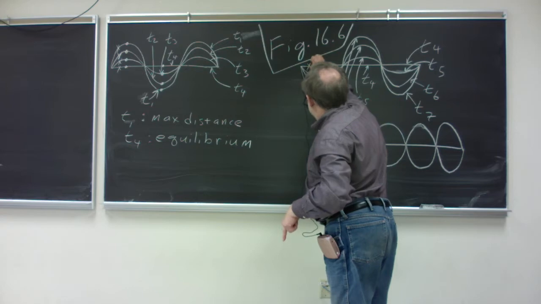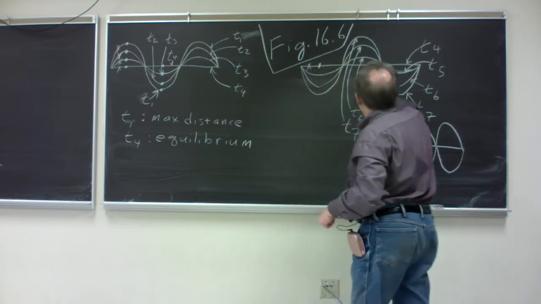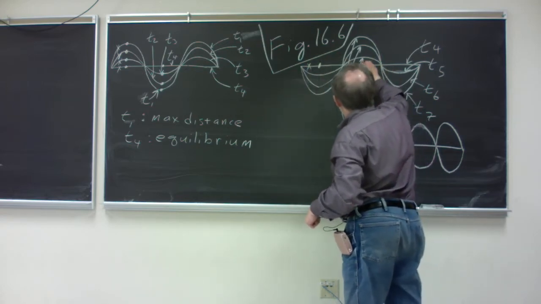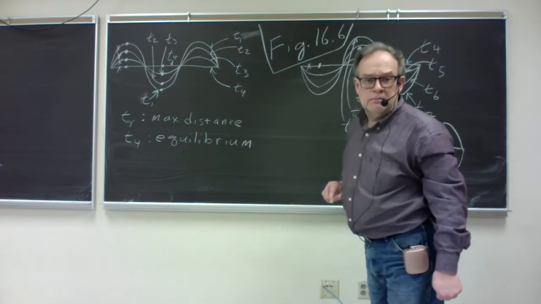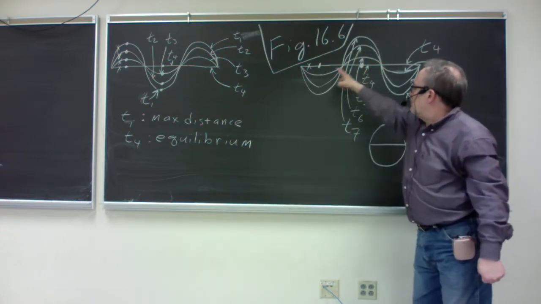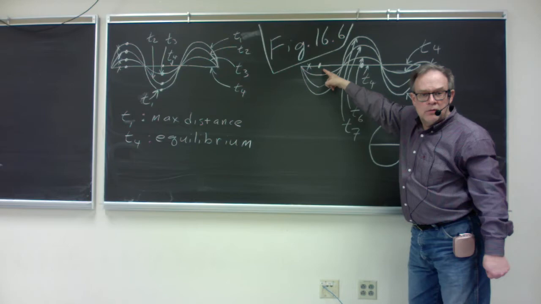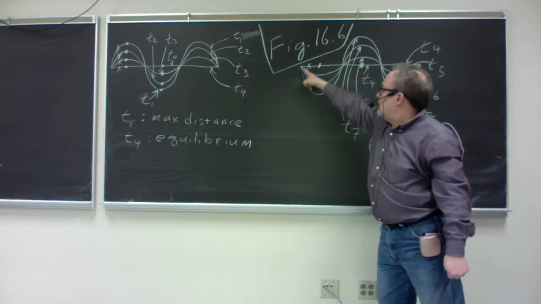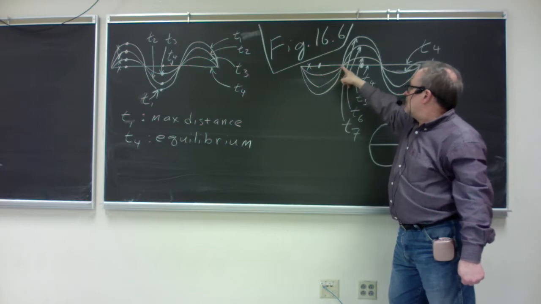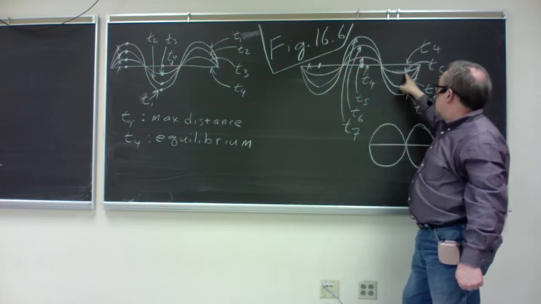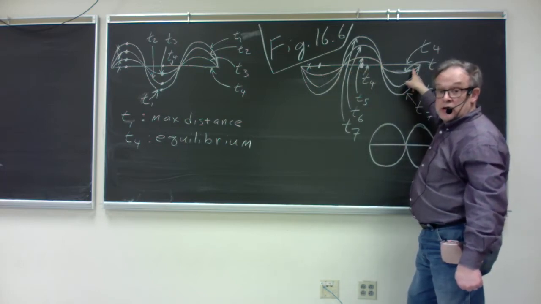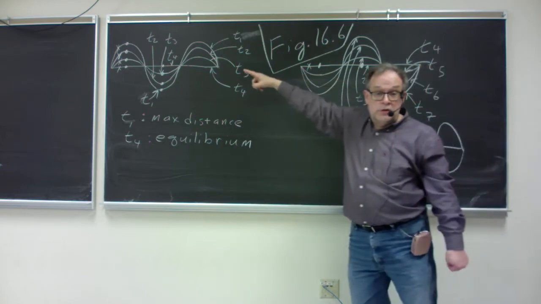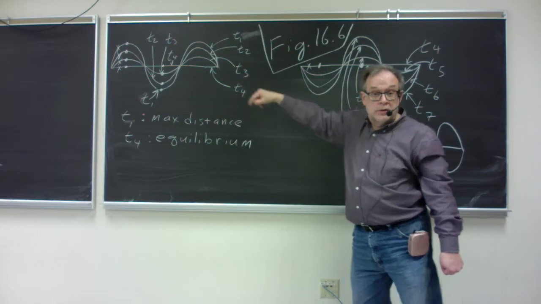So the x point is there, and then the 0 points are at here, or the dot points are here and here. And then time 5, a little bit after time 5, every point has now started to move away from equilibrium in the opposite direction, on the opposite side of equilibrium from where it was during the first quarter cycle. Right?